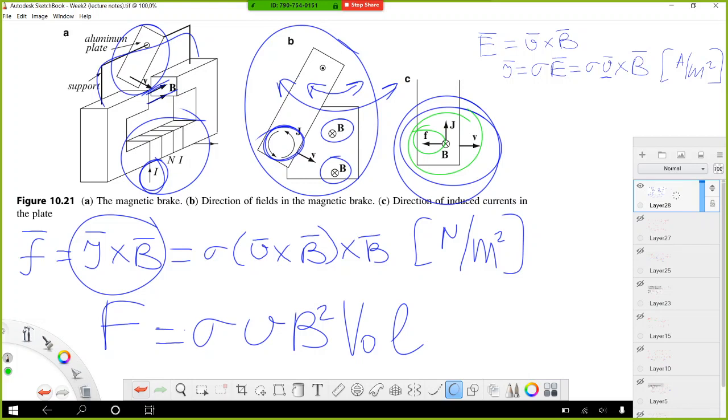So this has the effect of damping the movement of the plate into the gap.